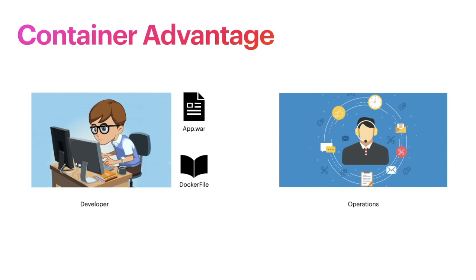So now they hand over this set of information to the operation team, and because this image can run on any container platform, it is guaranteed to run the same way everywhere. So the ops team can use this image to deploy, and they are good to go. So I hope I was able to clear the basic concepts about containers.